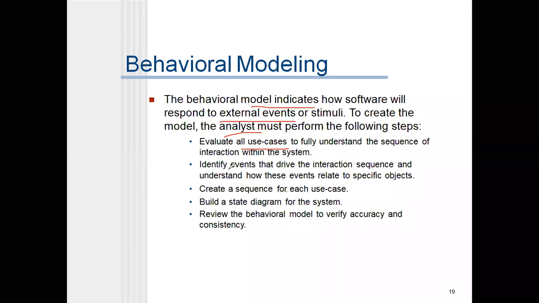Next, identifying events. Events means the actions which we are going to perform. If I click schedule meeting, what responses will it give me? If I click join a meeting, what is it going to ask me? If you click on the join a meeting option, it will ask for the meeting ID and a passcode, isn't it?